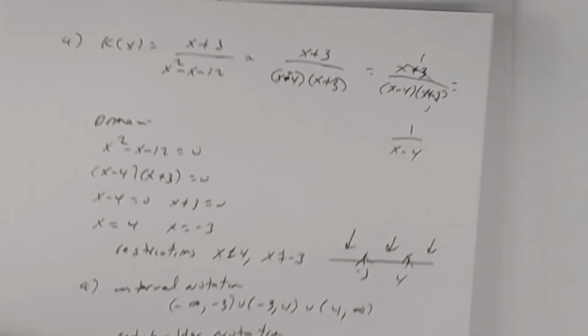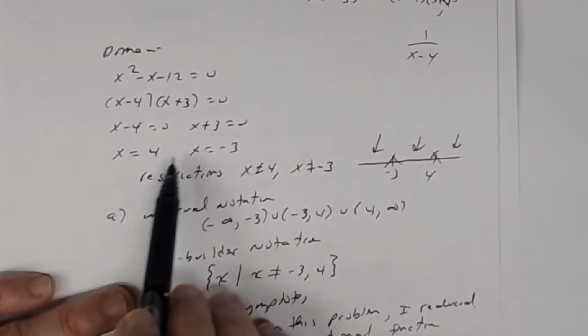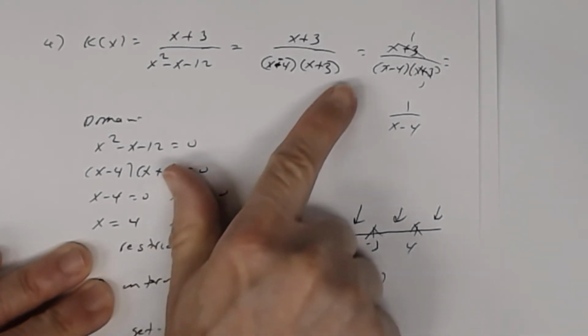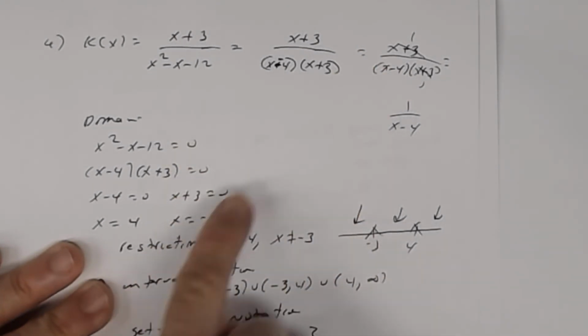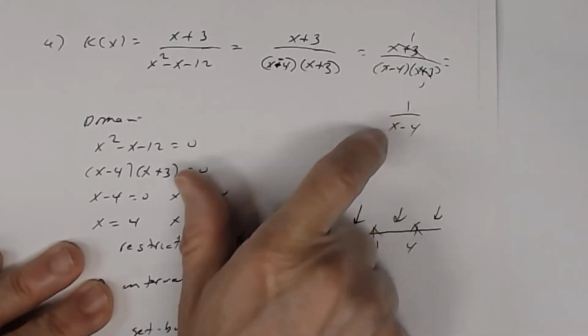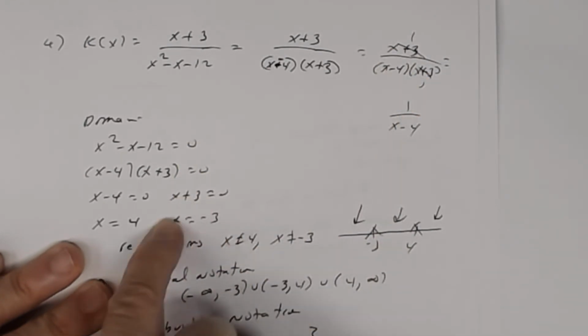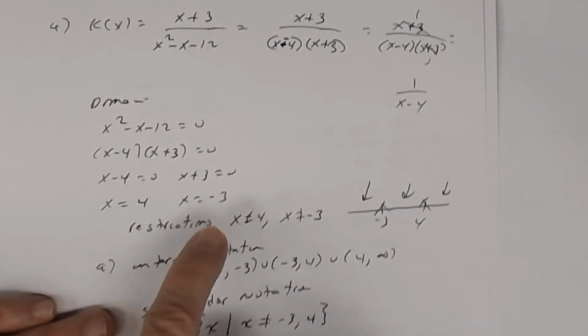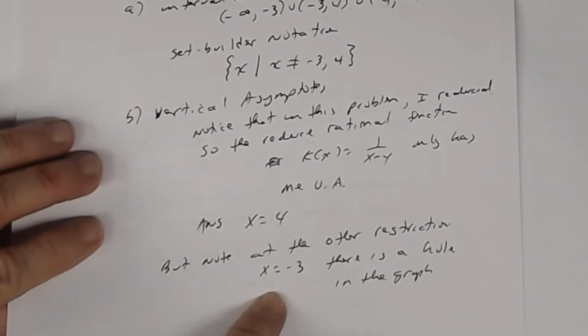Your restrictions here, there were two of them, right? But I was able to reduce. So these two factors that reduce here, x plus 3, this right here is not going to be a vertical asymptote, it's going to be a hole instead.